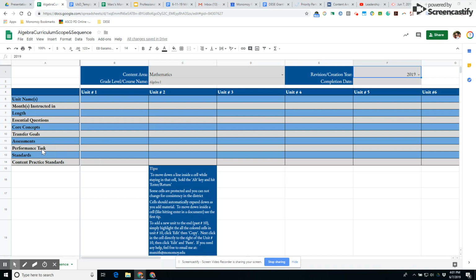There's a difference between assessments and performance tasks. Assessments are a little more traditional in nature: your midterm exams, your end of unit exams, quizzes, etc. A performance task is a little more unique than that. Don't get hung up on the word performance. It doesn't have to be a play or a song or a dance, but it's about students applying their knowledge in some new and unique way.